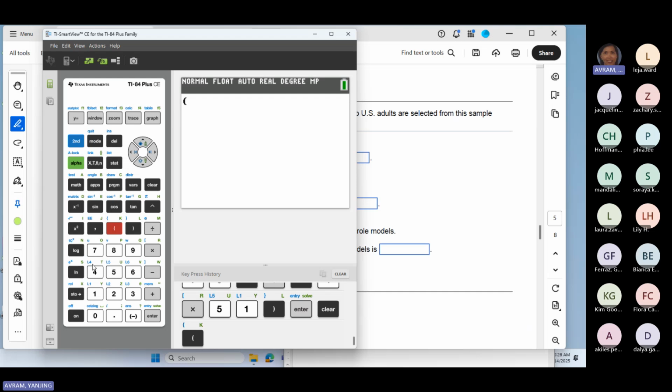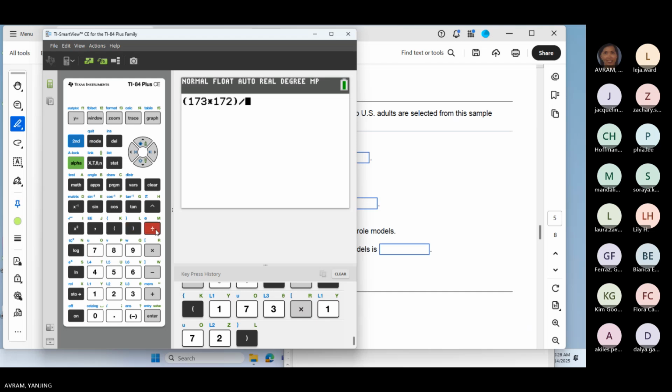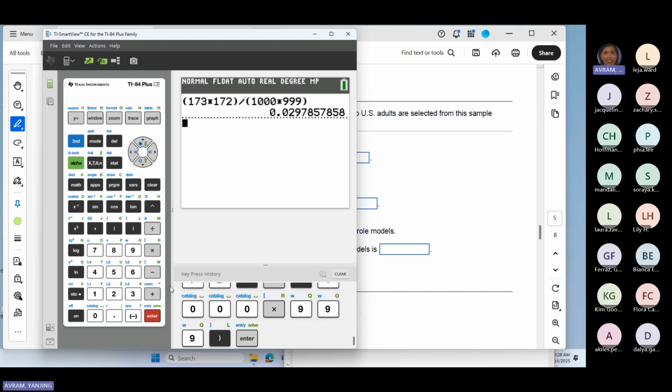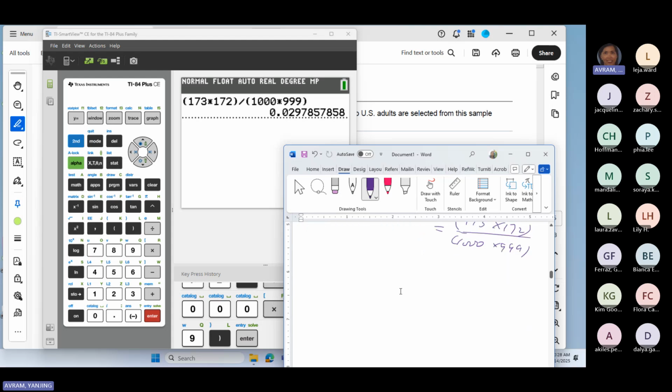All right, so we have 173, and then you round to 3 decimal places. So how do you round to 3 decimal places?